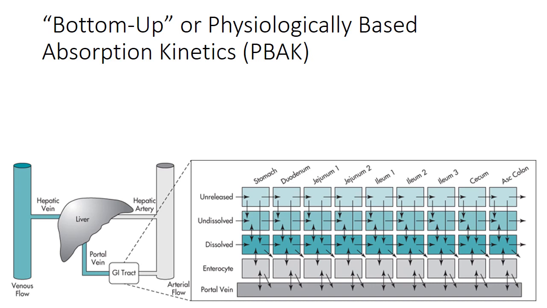So it's incorporating the pH of each compartment, the length of each compartment, and by compartment I just mean the different segments of the GI tract. The pKa of the drug, the lipophilicity of the drug, all that is incorporated into the equations now.